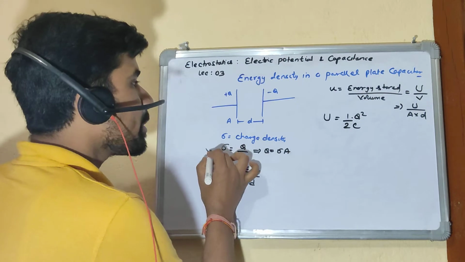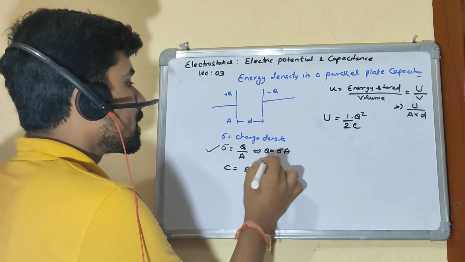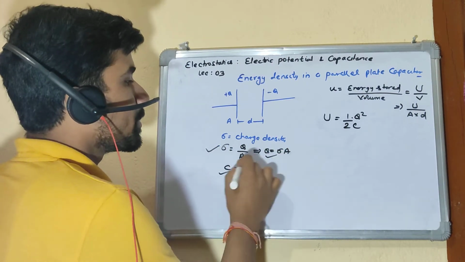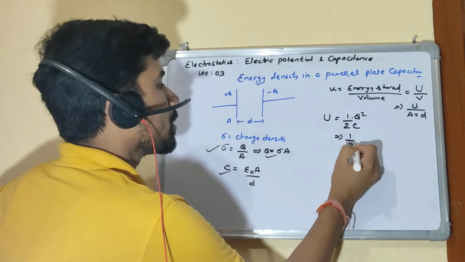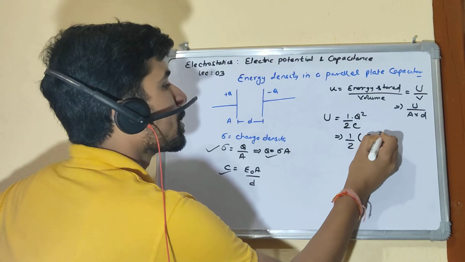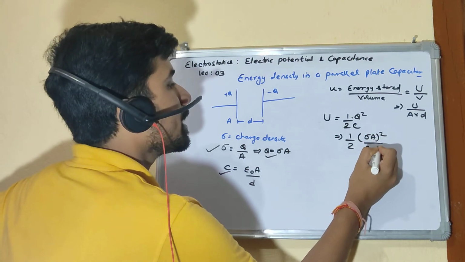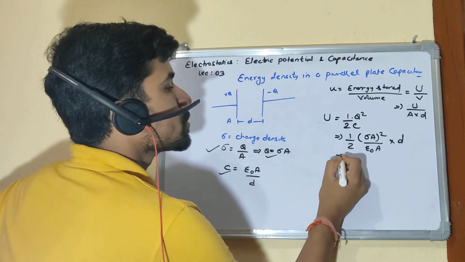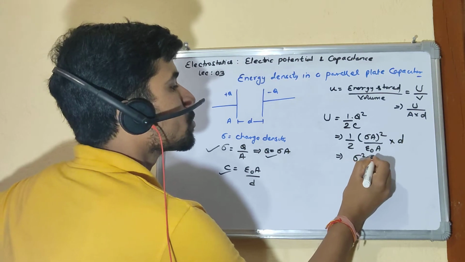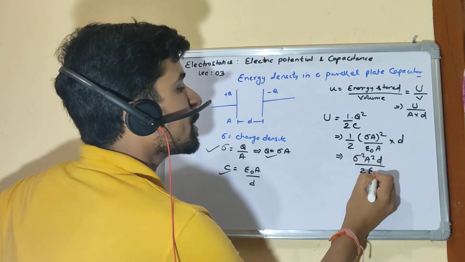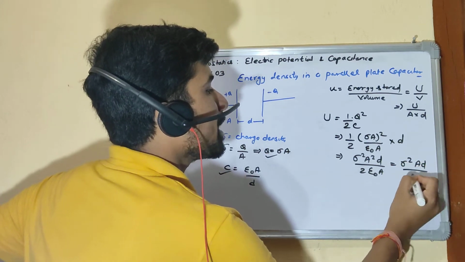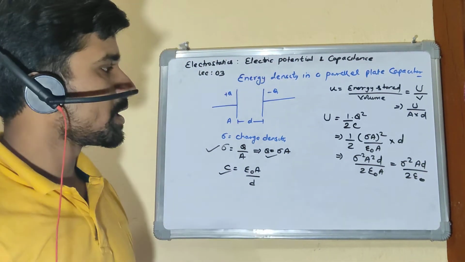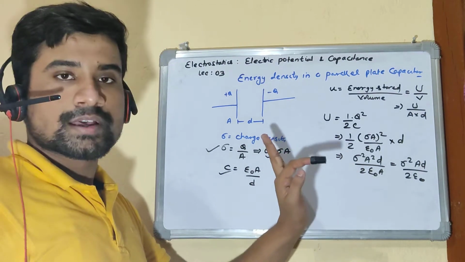So if I put Q and C from these expressions into this relation, it becomes sigma square A square by epsilon naught A by D, so this becomes sigma square A square D by 2 epsilon naught A. This becomes sigma square AD by 2 epsilon naught, right? This is energy.